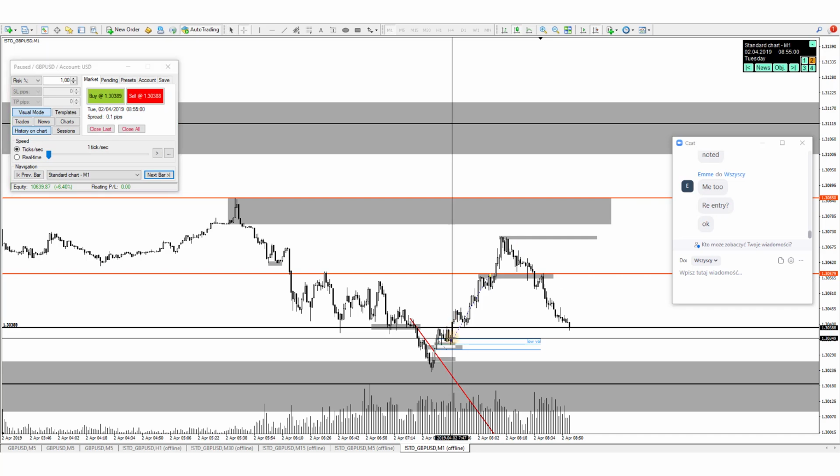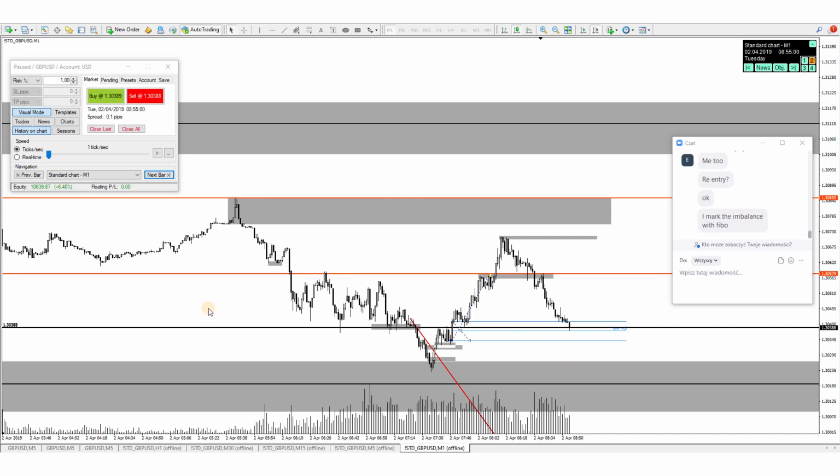This candle was indeed something interesting. It matched perfectly. You mean, Marcy, what I did right now, yes, with this candle? It also broke the structure.